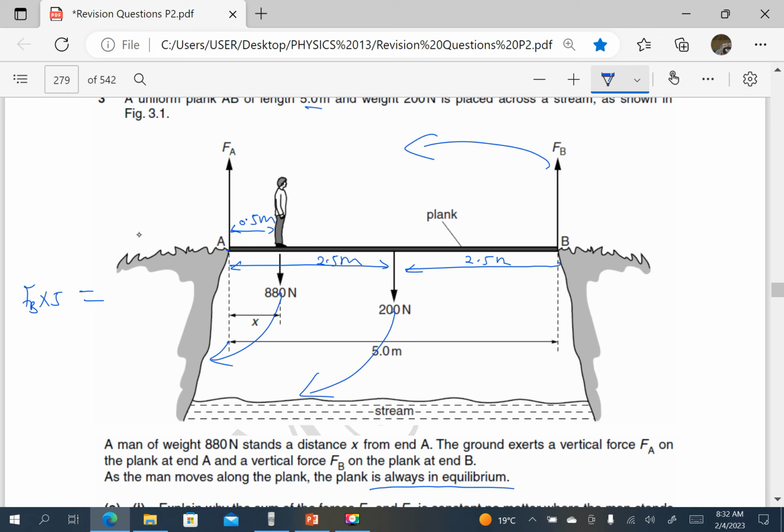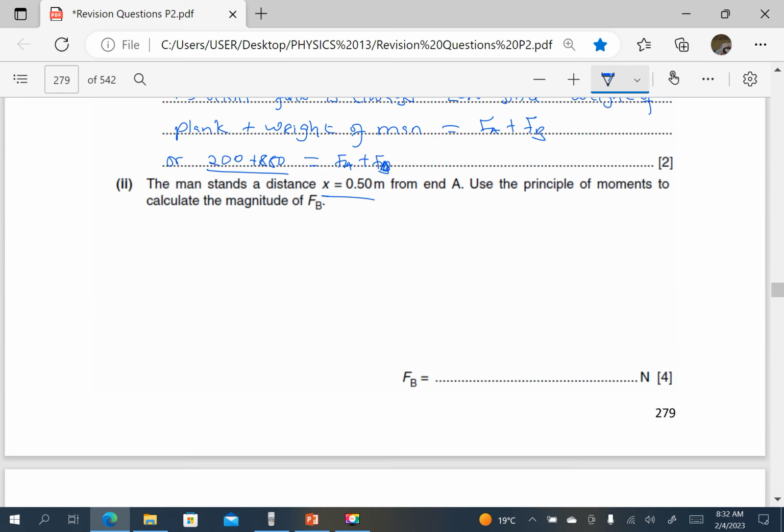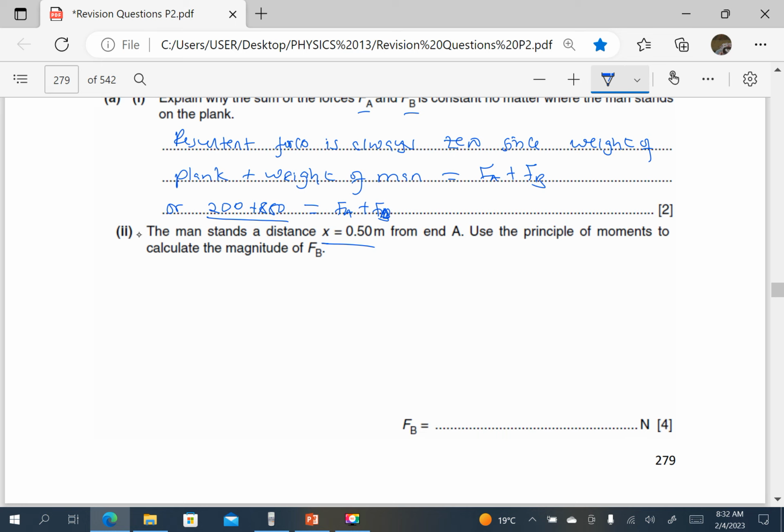This should be equal to, for equilibrium, the clockwise moment: we have 880, that is for the man, his distance is 0.5, plus 200 times the distance, which is 2.5. That will give us Fb. So we are taking moments about A.